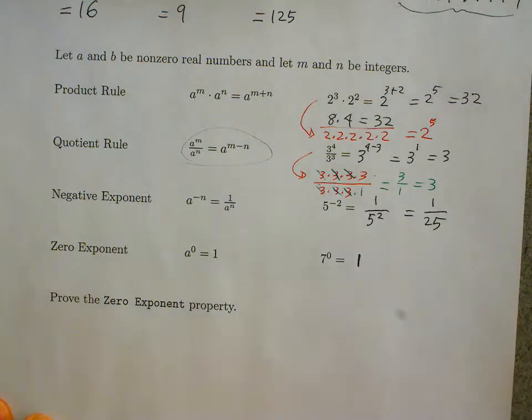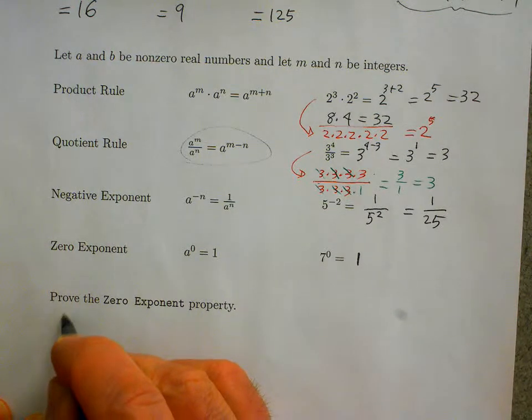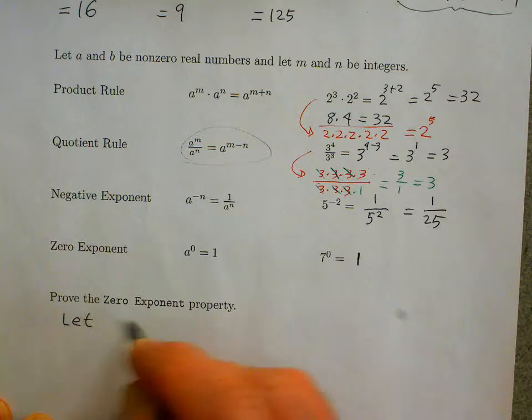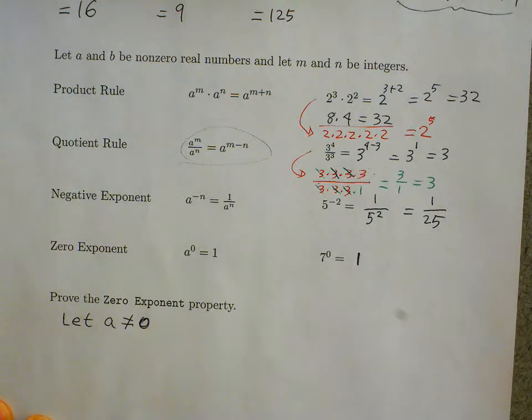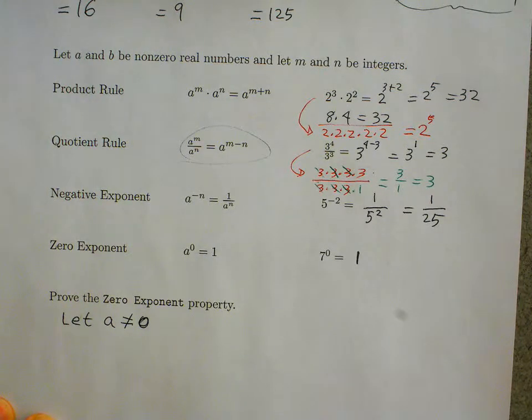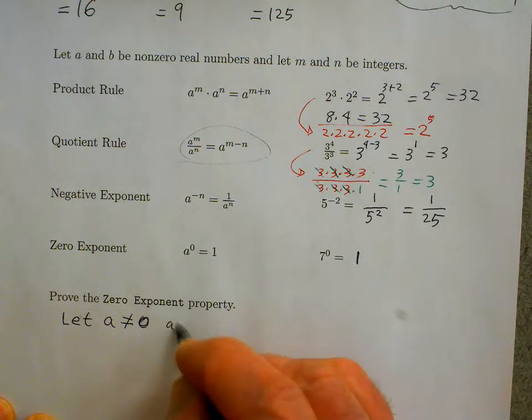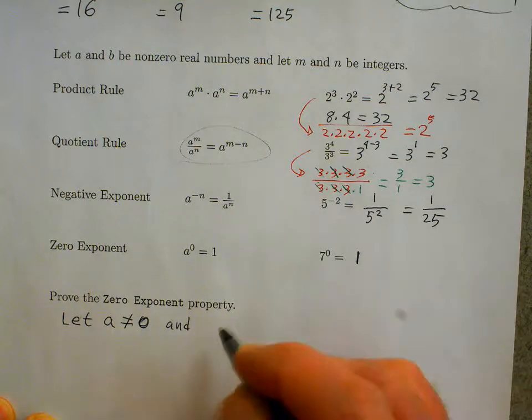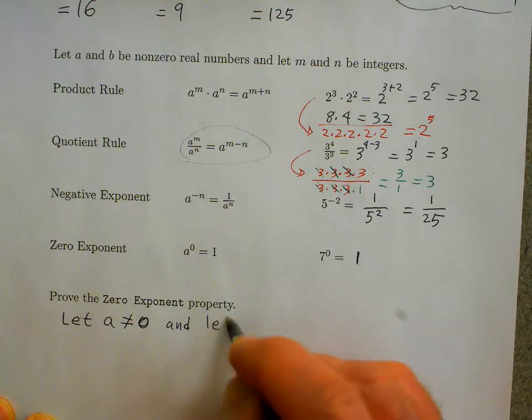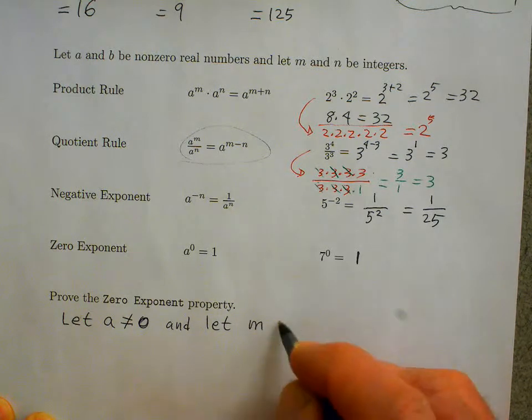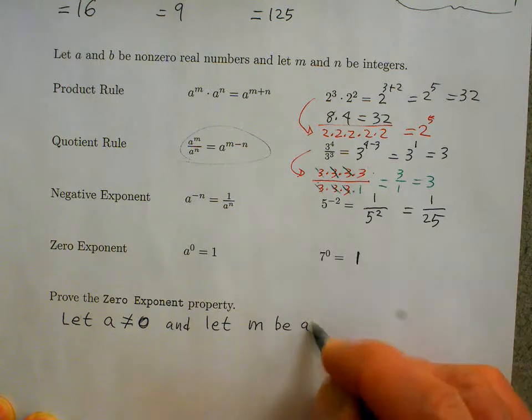So in this little proof, let a be a number that's not equal to 0. So let a not be 0. And let m be an integer.